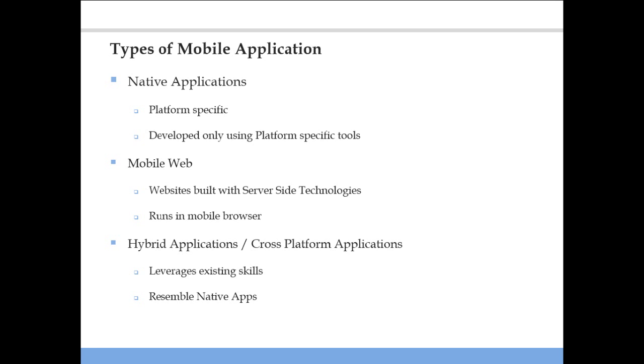Now, with mobile devices becoming very popular, you can develop web applications which can run on a desktop machine or your mobile device. Hybrid or cross-platform applications are kind of web applications, but they run in a native shell, and we'll look into the detail of each one in our next slides.